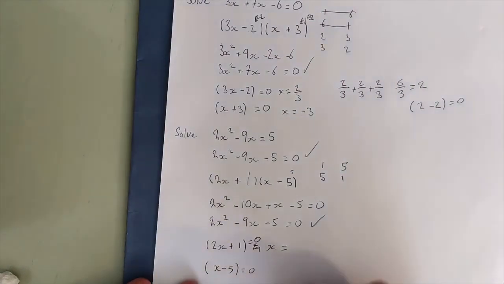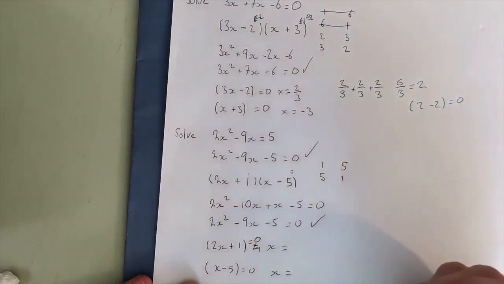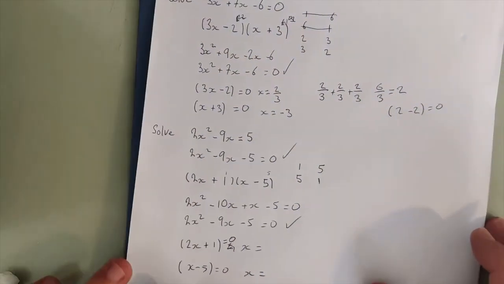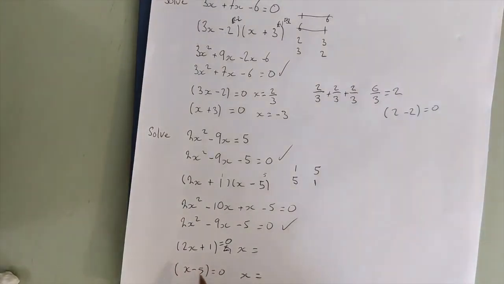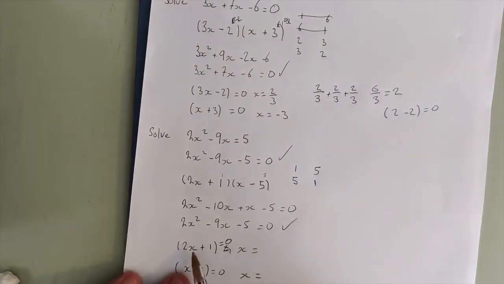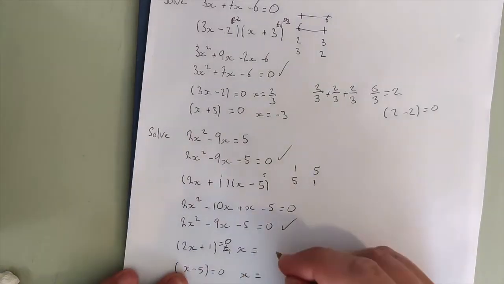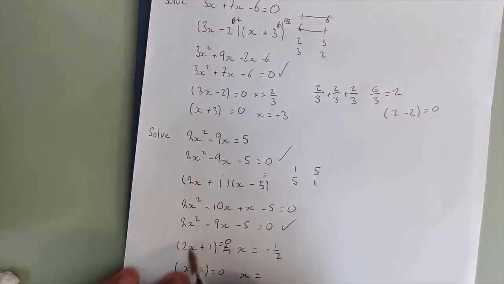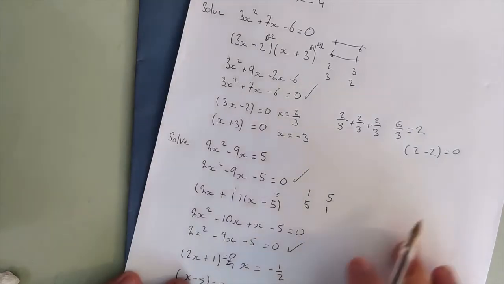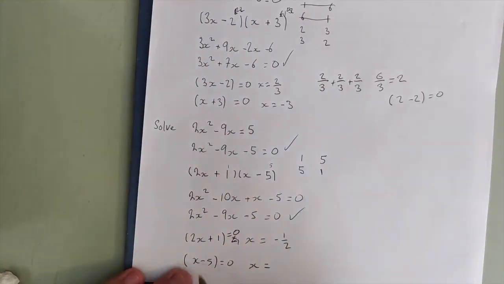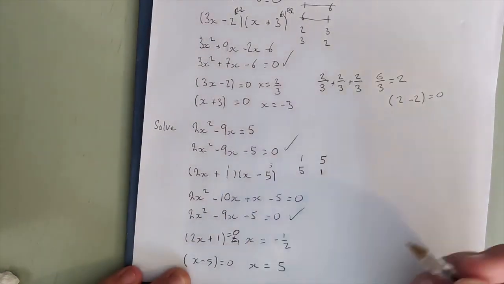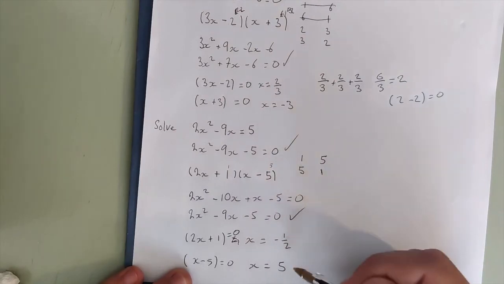I hope you guys are able to follow me and understand what I'm on about. Sometimes I think you don't have a chance. So this x is going to be minus half, because 2 times minus a half plus 1 equals 0. This x is going to be 5. And these are your two answers for x.